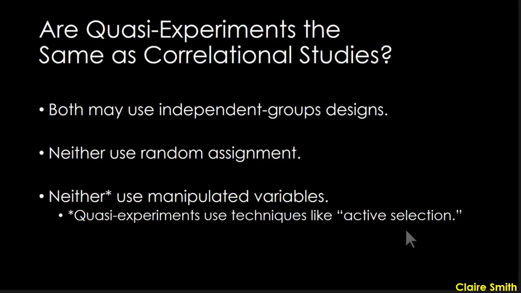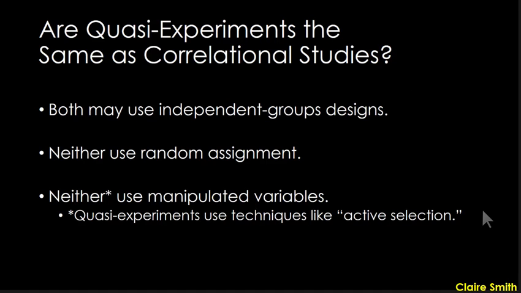Quasi experiments are a little bit more fine-tuned, if you will, right? They're standing outside of churches, finding people who walk by certain areas, finding people who are having plastic surgery or not. So they're using more techniques to find individuals to meet their independent variable, not just surveying a group of people and then looking for correlations in everybody, if that makes sense.